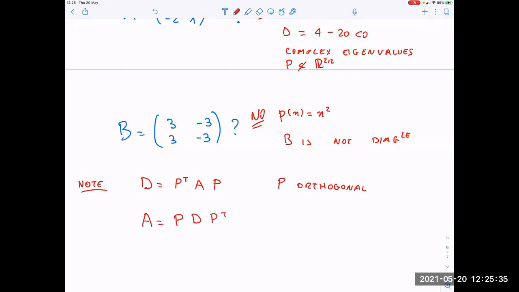This means that if you compute the transpose, this is going to be P diagonal transpose P transpose, which is equal to P diagonal P transpose, which is equal to A. So you see, in order to be able to do this with an orthogonal matrix, the matrix must be symmetric. Otherwise, you cannot do that. Okay?